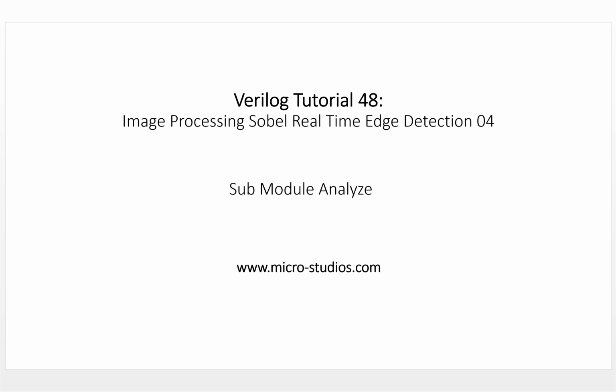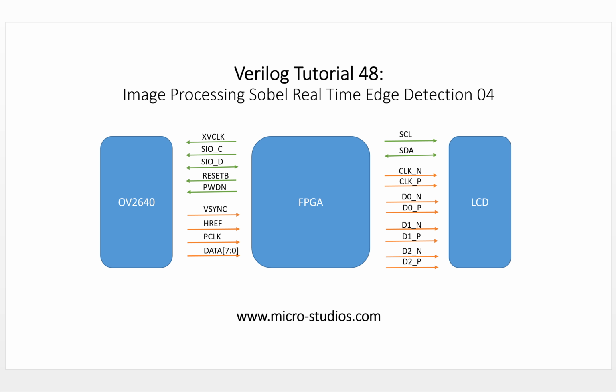In this video, we will discuss the sub-module analysis for the Sobel real-time edge detection system. From the previous video, we get the system structure like this. This is the camera sensor, this is the sensor control signal, this is the data signal, and this is the LCD, and this is the HDMI signal.